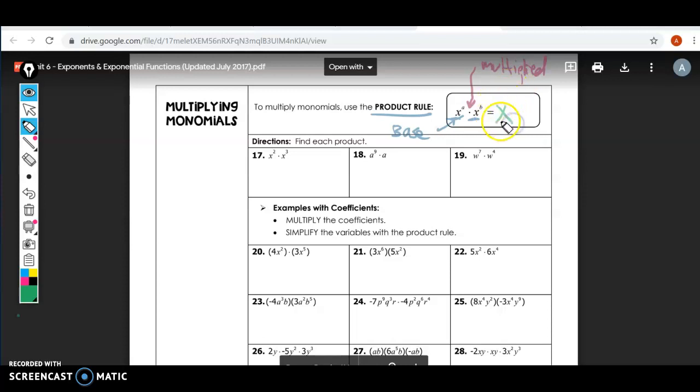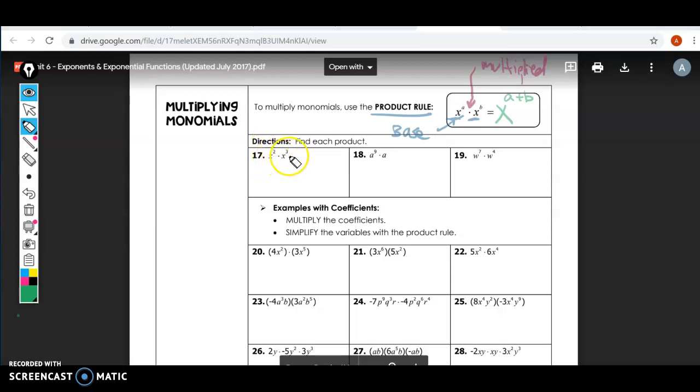So we leave the base the same. Notice how the base stays just as x, but we're going to add these two exponents, the a plus the b. Let's show you how it works in a couple examples.